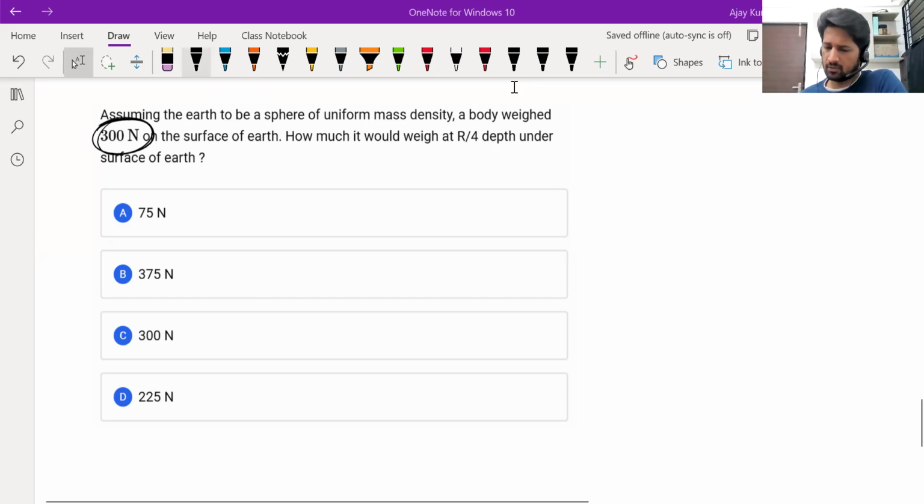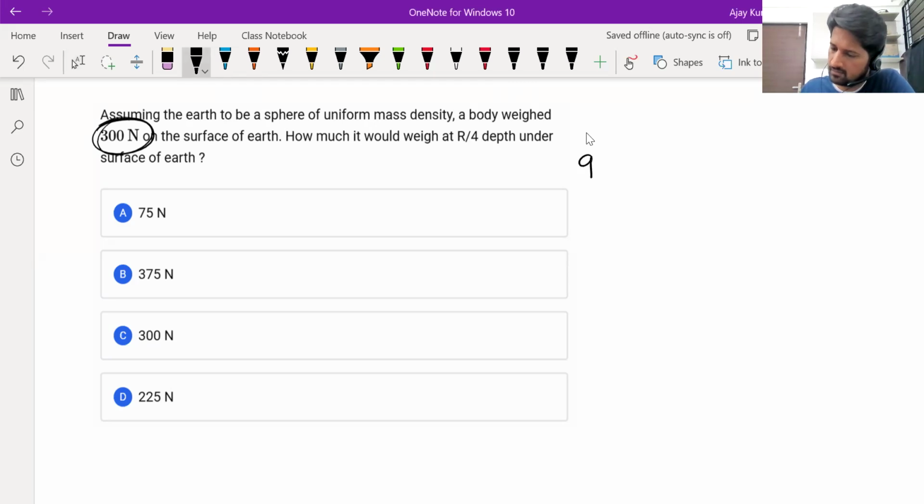Yusuf, tell me, what is the formula for acceleration due to gravity at a certain depth below the surface of the planet? No response. Pawan? Sir, GM by R square.